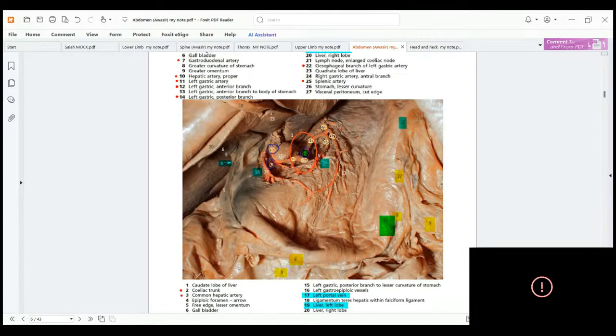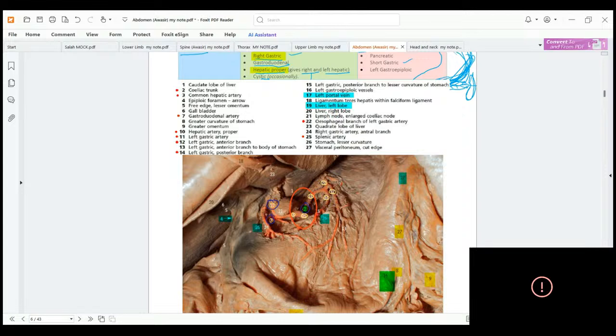Where is 17? Left portal vein. Can you work that in the picture? This is the picture.